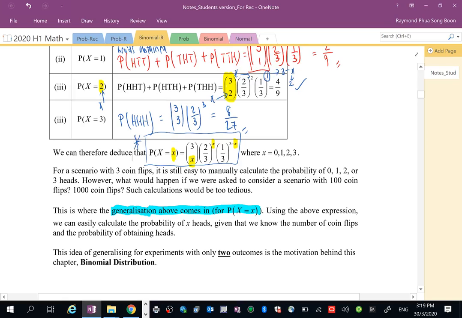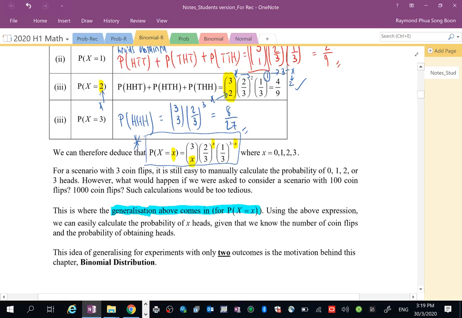This expression will be very, very useful. With this expression, we'll be able to easily calculate the probability of small x number of heads, given that we know the number of tosses of the coin and the probability of obtaining a head in each toss. Then we can just easily sum it in.